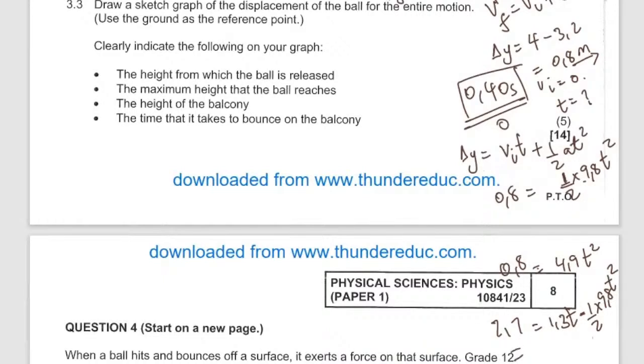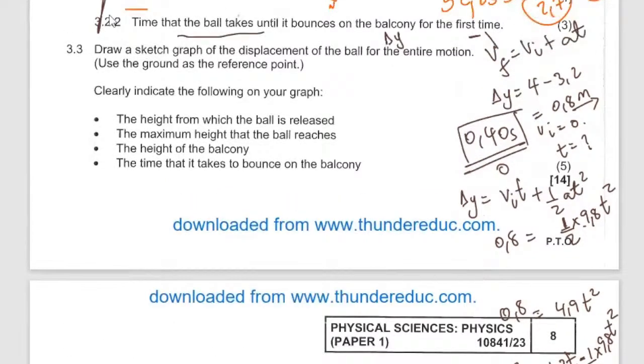So when I use my quadratic formula, 1.3 minus, I'm just going to say 4.9. That makes sense. Maybe there's something really wrong.